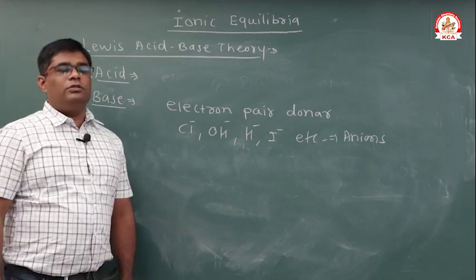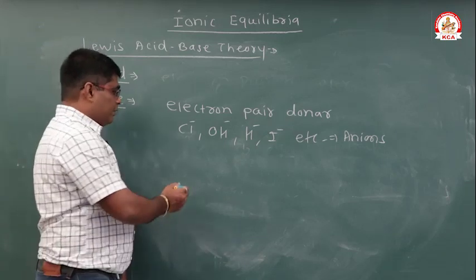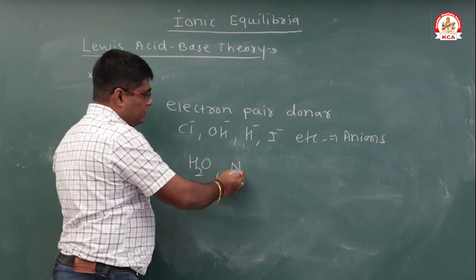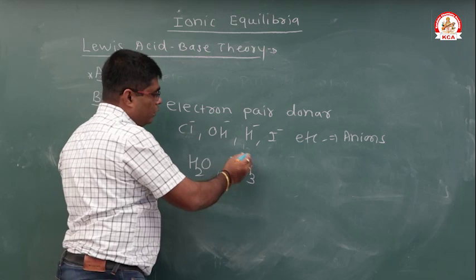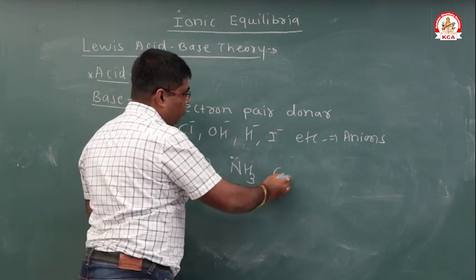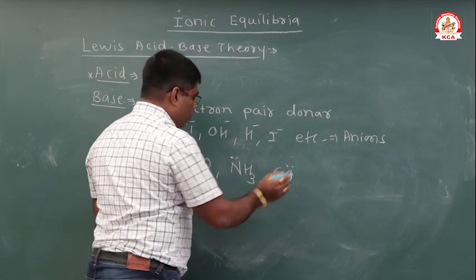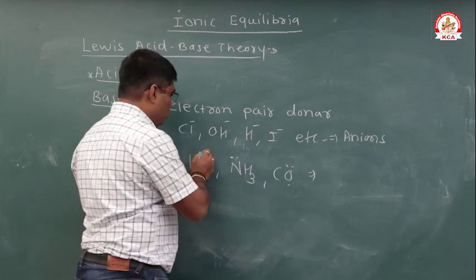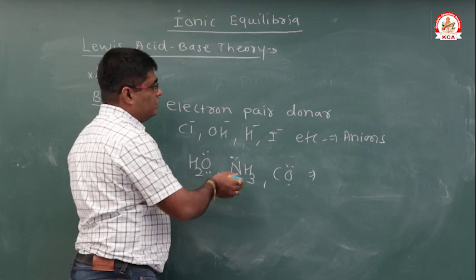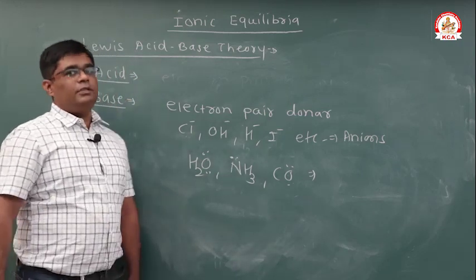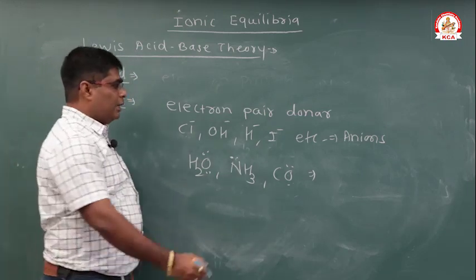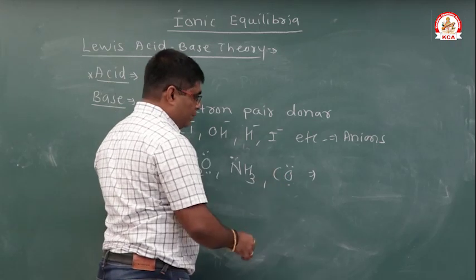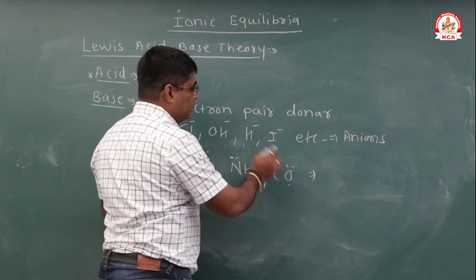Then there are certain neutral substances, for example H2O, then NH3, then CO, carbon monoxide. These are neutral substances, but due to the presence of a lone pair of electrons on oxygen, they are also called Lewis bases. म्हणजे काय? तसं पाहिलं carbon monoxide, it is a neutral oxide, but according to Lewis theory, it is a base.